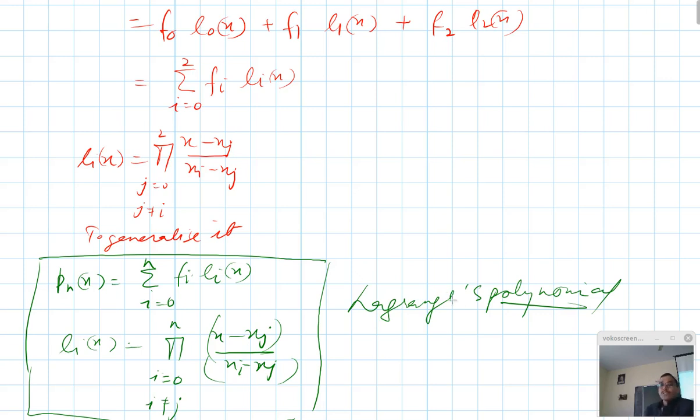X is given to me, and for x I will choose only 3 points because I will use a quadratic polynomial.